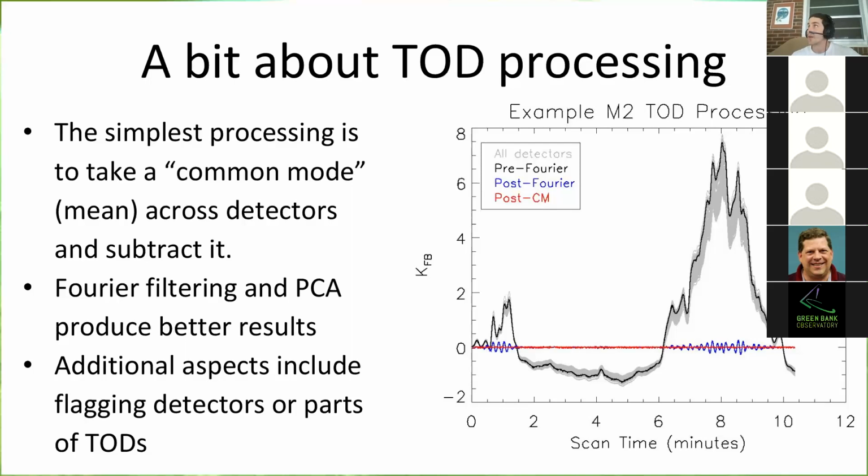We don't really do too much to correct for pointing offsets on an individual scan basis. We do pointing corrections or pointing observations every 30 to 40 minutes and correct for offsets that way. But if you get a big gust of wind in the middle of a scan, we currently don't have something to correct for that.